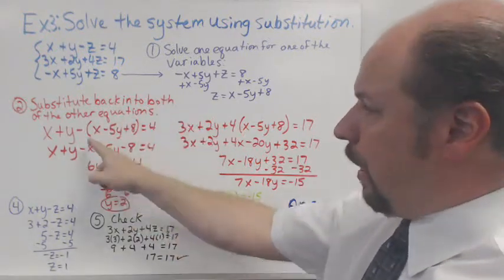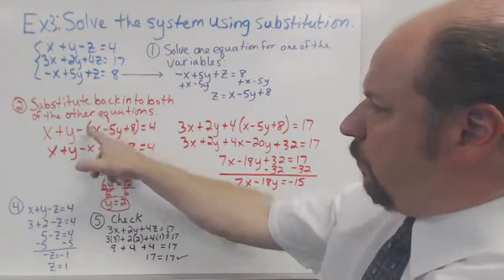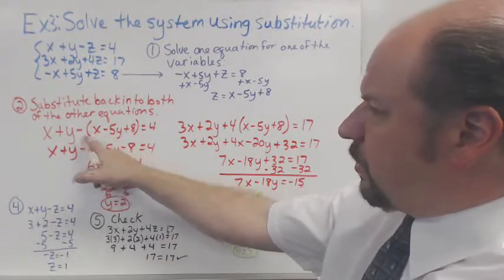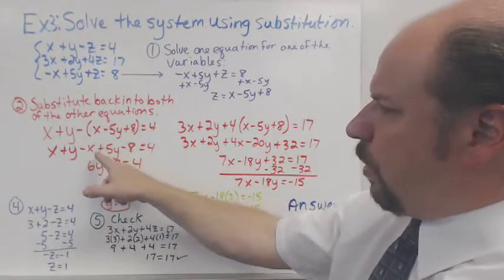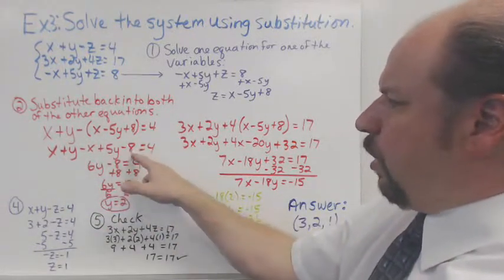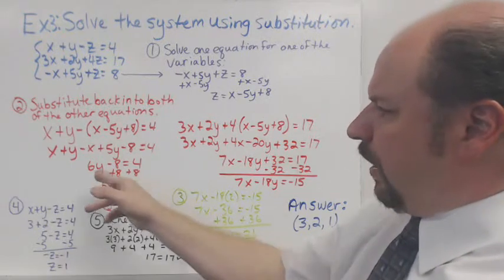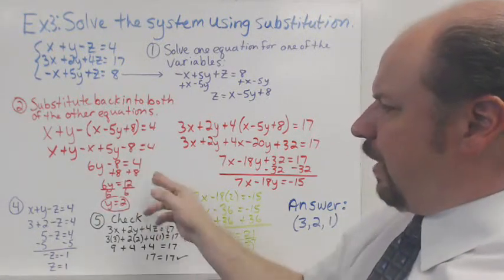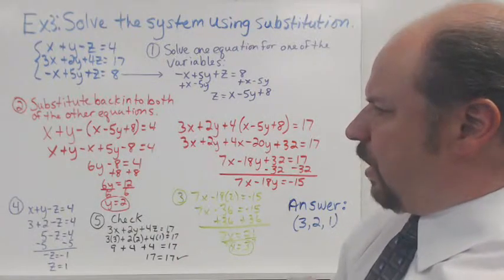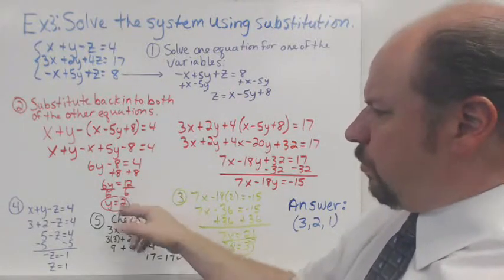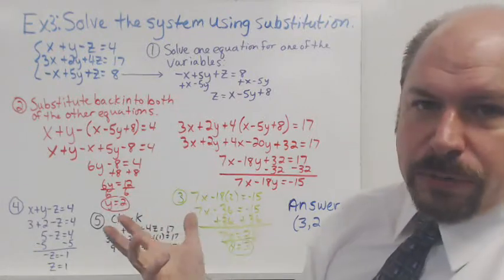So be careful with that. But if we distribute the negative on through, we get negative x plus 5y minus 8. So we have x plus y minus x plus 5y minus 8 equals 4. So we have 6y minus 8 equals 4. Adding 8 to both sides, we get 6y equals 12. Divide both sides by 6, we get y equals 2.